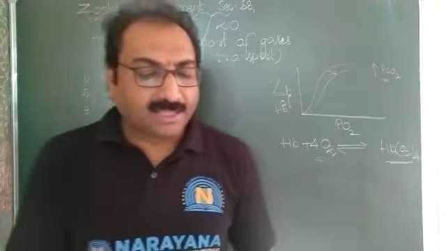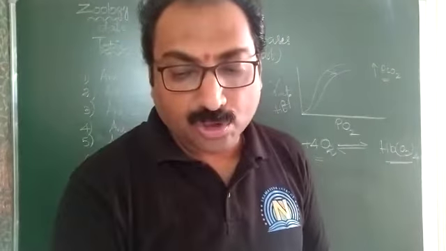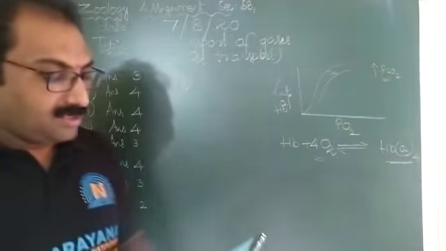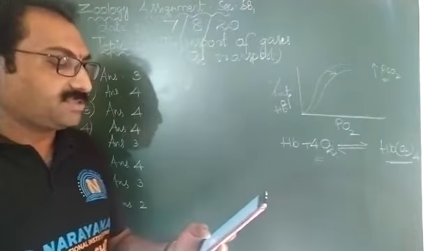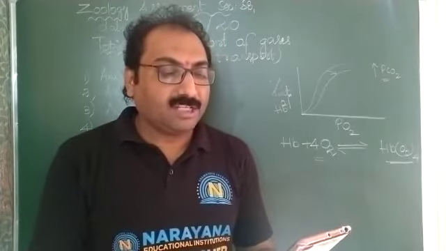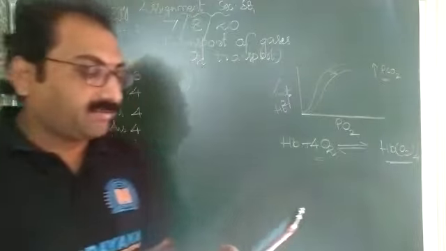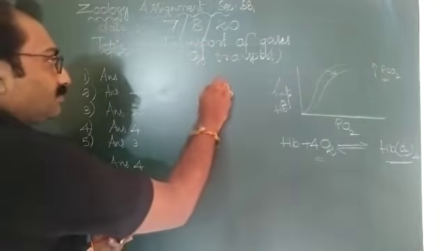So hence answer for this is the second one, right side. First option is left side, second one right, third one remains unchanged, fourth one oscillate erratically. So answer for this is second one.